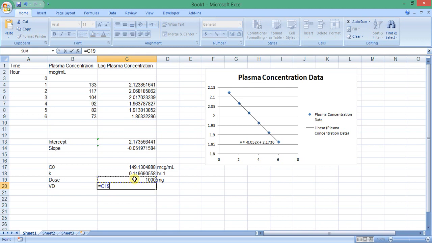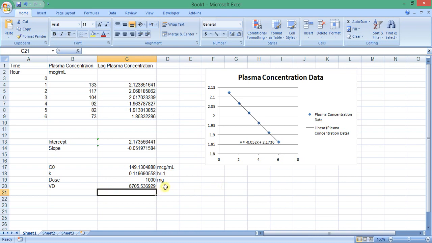Vd equals dose, and since the dose here is in milligrams and the plasma concentrations use microgram as the mass part of the unit, we should multiply this value by 1000 to convert milligrams to micrograms, and then divide this dose by the concentration at 0 time.